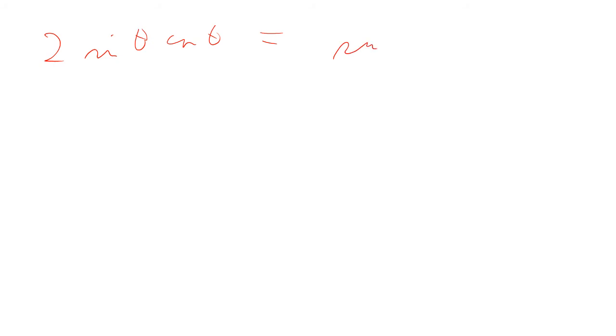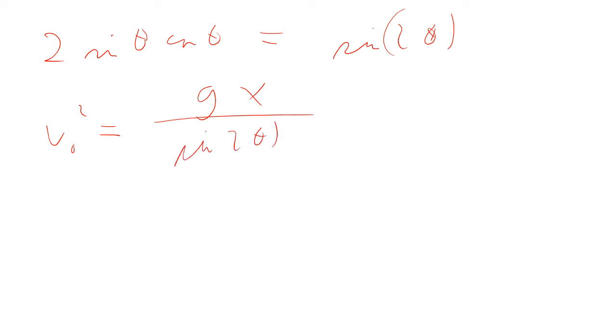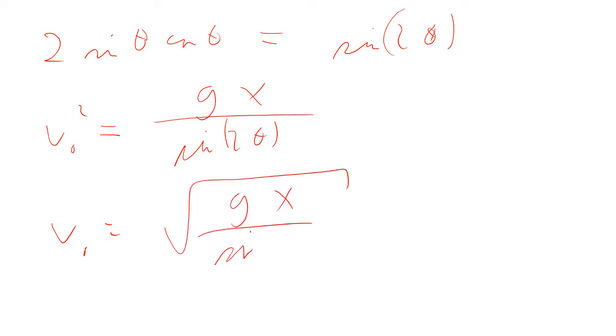That's sine 2 theta. So that can simplify our equation a little bit. So v naught squared equals g x divided by sine 2 theta. So v naught is going to be the square root of g x over sine 2 theta.